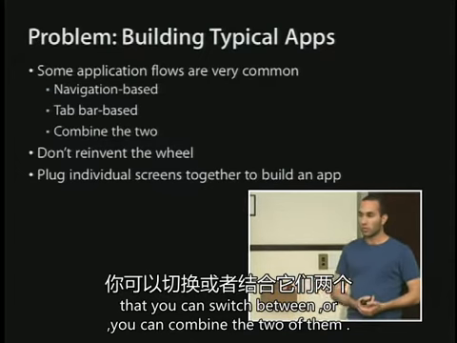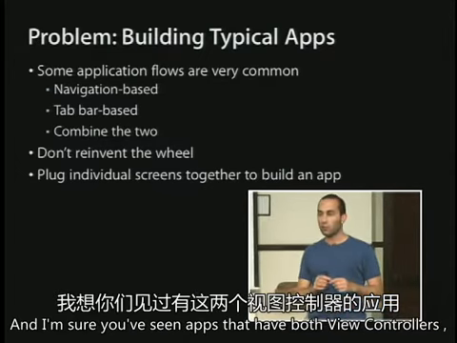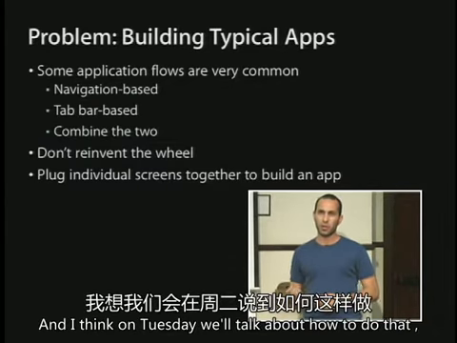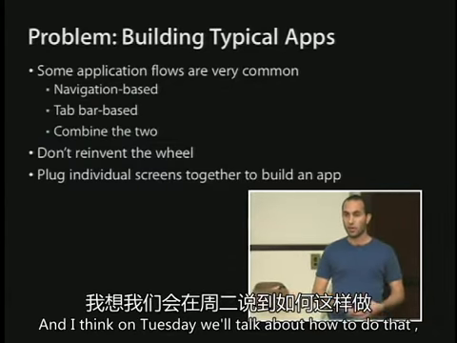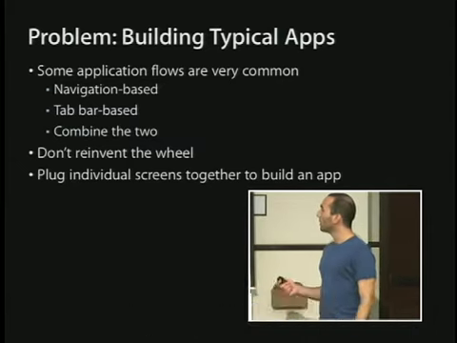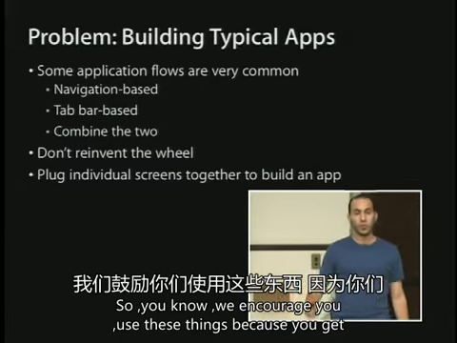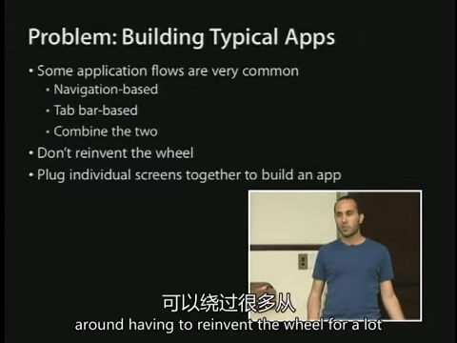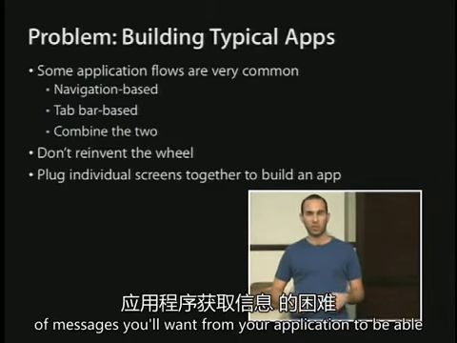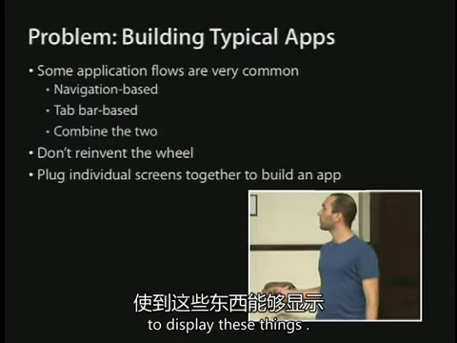Or you can combine the two, and I'm sure you've seen apps that have both navigation bars and tab bars. I think on Tuesday we'll talk about what the proper design pattern is for that. We encourage you to use these things because you'll avoid having to reinvent the wheel for a lot of the functionality you'll want in your application to display these things.